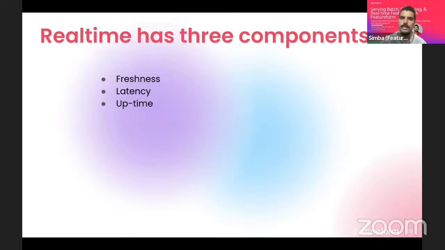Typically what they mean there is that it's an interactive model, which just means it's always up and always ready to accept requests. So these are the three things that people talk about when they say real time. When someone tells me we need a real-time model or real-time features, I try to break down what that means. It's usually one of these three things that they care about. Sometimes it's all three, but oftentimes it's only a couple, or it depends on the context.